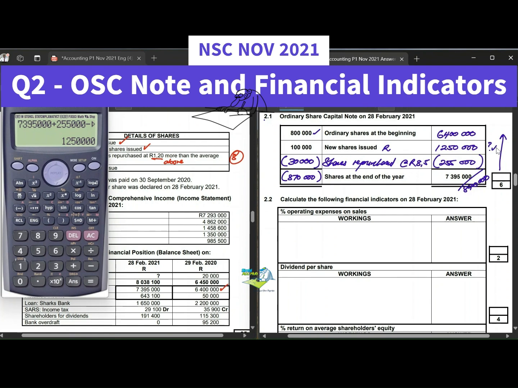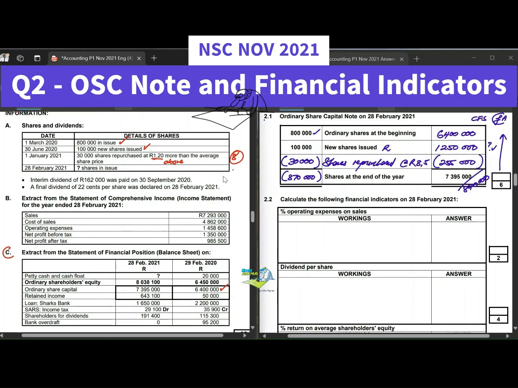Remember, this amount also goes to your cash flow statement under financing activities. In the next videos, I'm going to show you how to record this amount. So what did I say? Once the repurchase of shares is the last aspect here, you can get your average price here at the bottom and then you go all the way up.